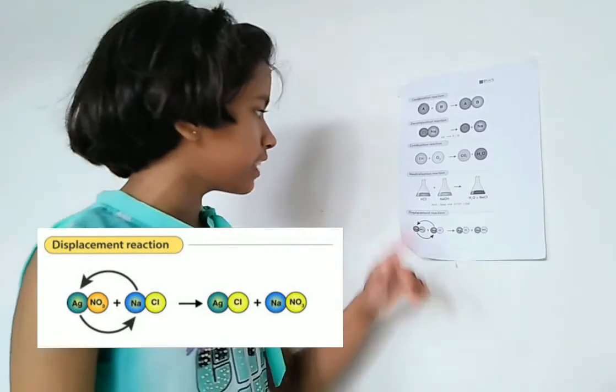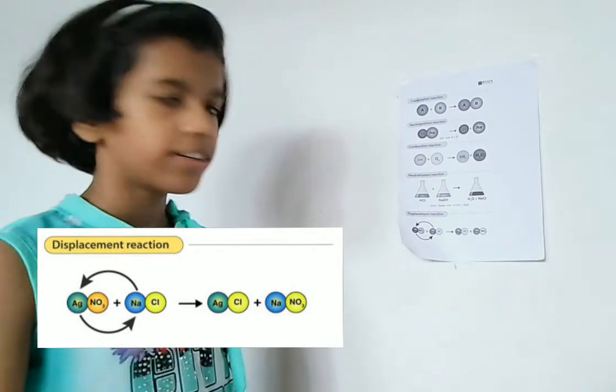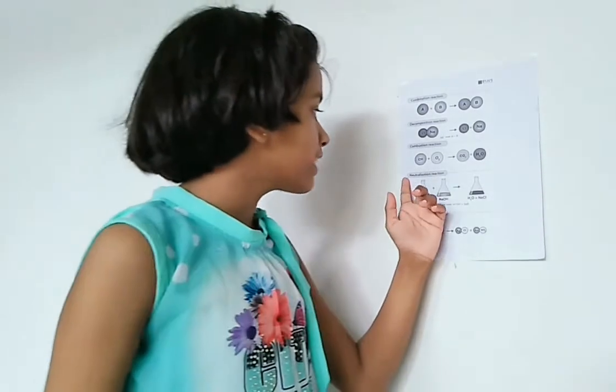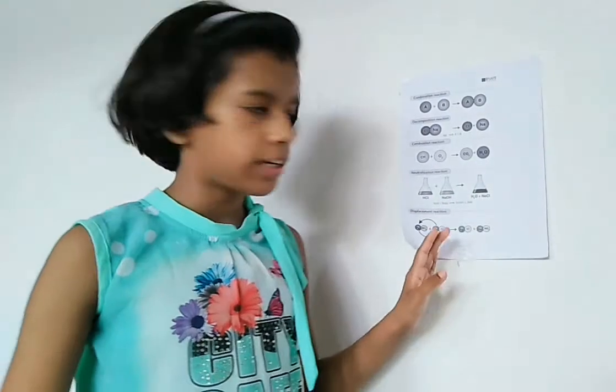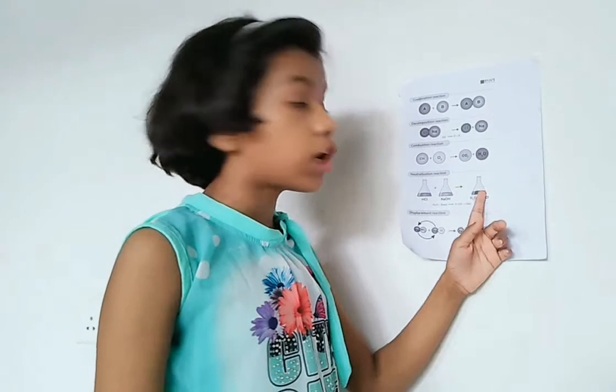First of all, let me tell you why it is called neutralization reaction. It could also be called displacement reaction because it displaces. But the product of this is always a neutral. You must be wondering, what is this neutral? A neutral is a particle without any electric charge.